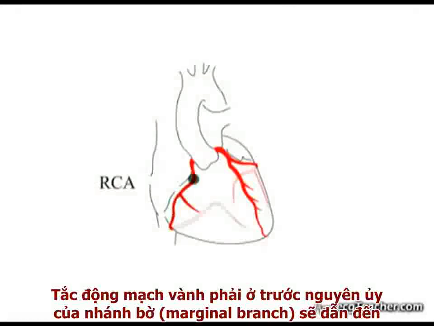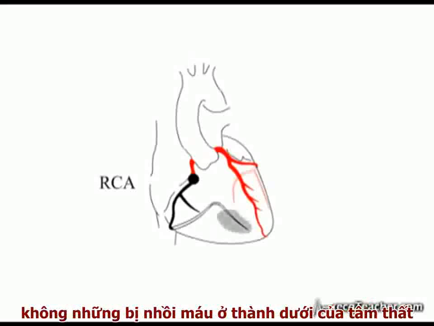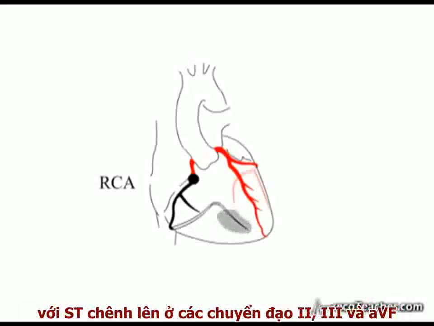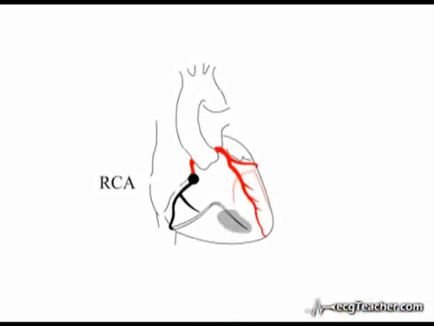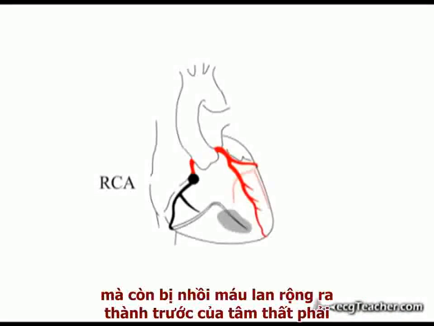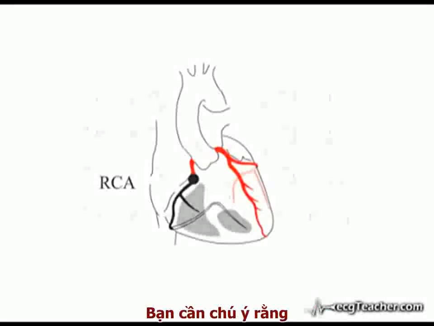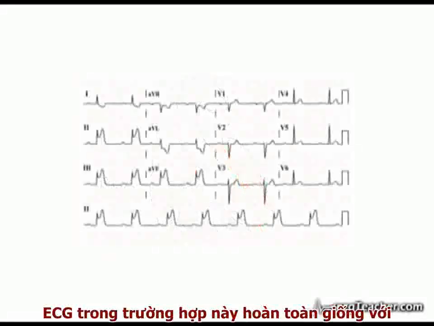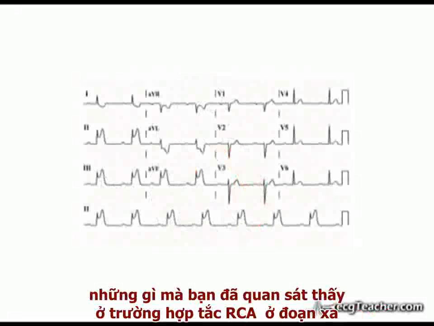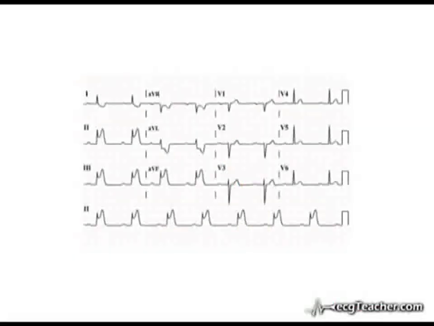Blockage of the right coronary artery proximal to the origin of the marginal branch will result not only in infarction of the inferior surface of the ventricles, with ST elevation in leads 2, 3 and AVF, but also in extensive infarction of the anterior wall of the right ventricle. You'll notice that the ECG in this situation is virtually identical to that observed with distal RCA obstruction.